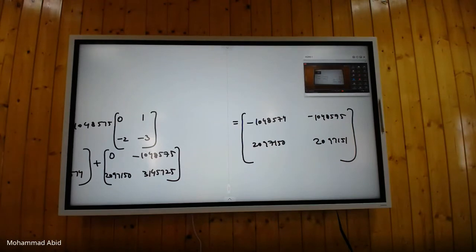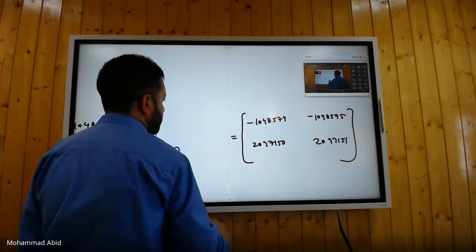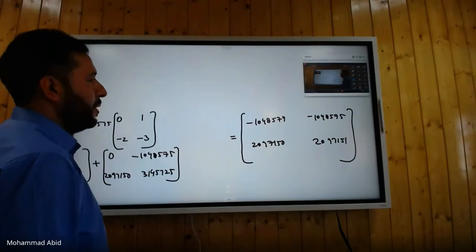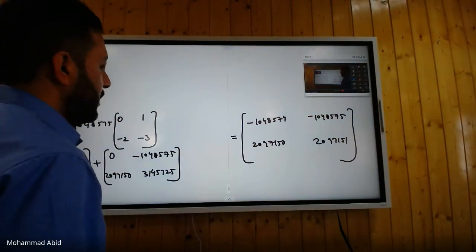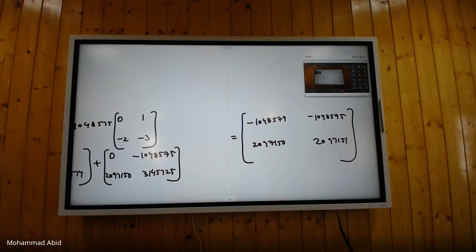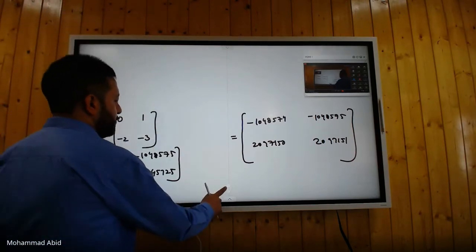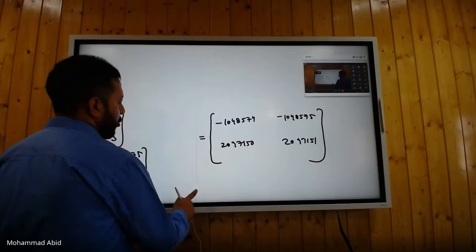Now tell me, did you understand it or not? How did we do it? Yes, I am waiting for your response. Would you understand it? How to evaluate this? Are you online?